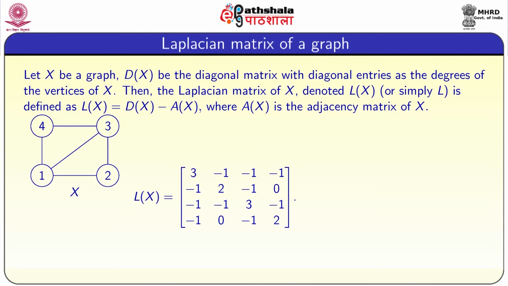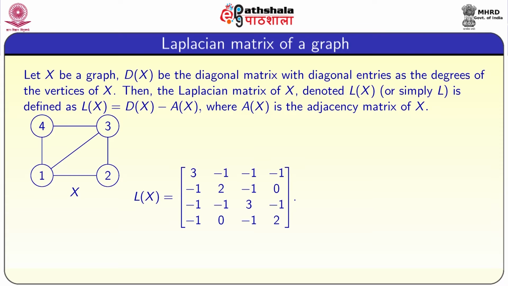Look at the graph X with 4 vertices 1, 2, 3, 4 and 5 edges. So, here L is a 4 by 4 matrix indexed by the vertices 1, 2, 3, 4. The degree of vertex 1 is 3. So, the element in the first row and first column is 3, and we have 3 minus 1s. There is an edge from 1 to 2, from 1 to 3 and from 1 to 4.